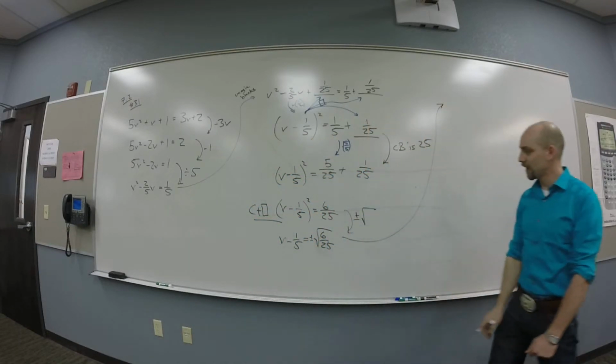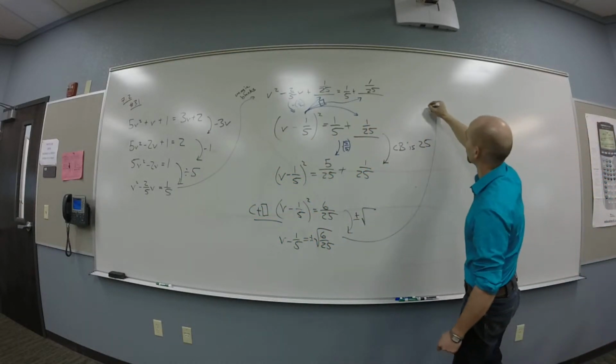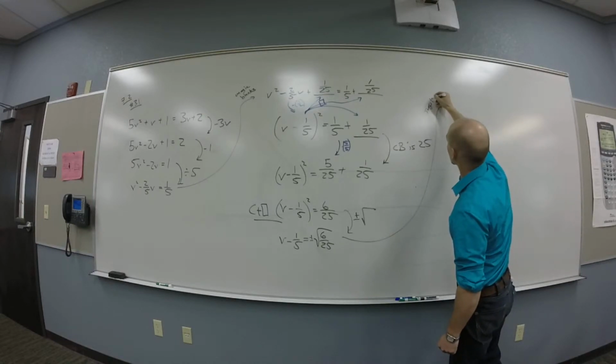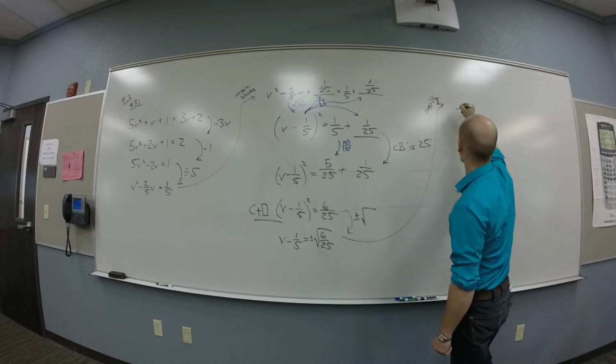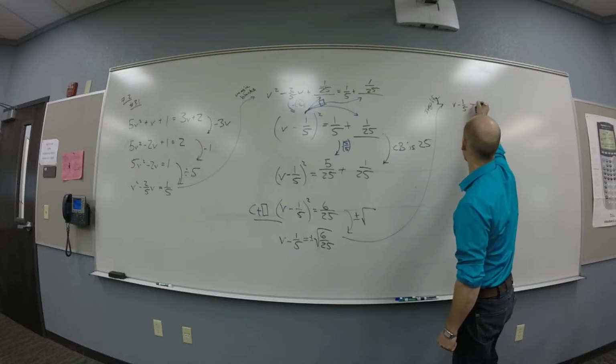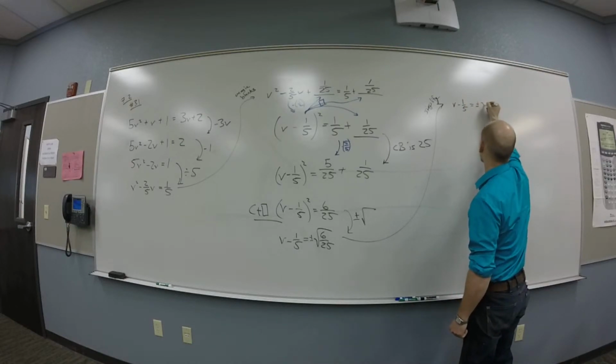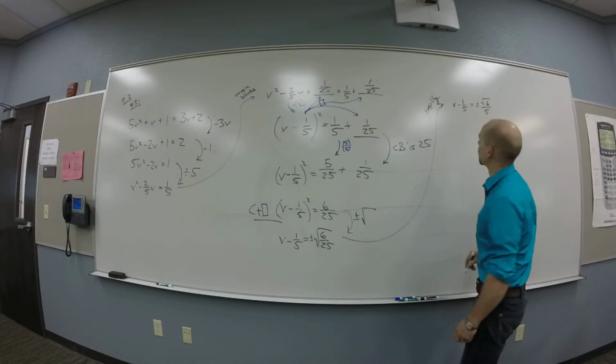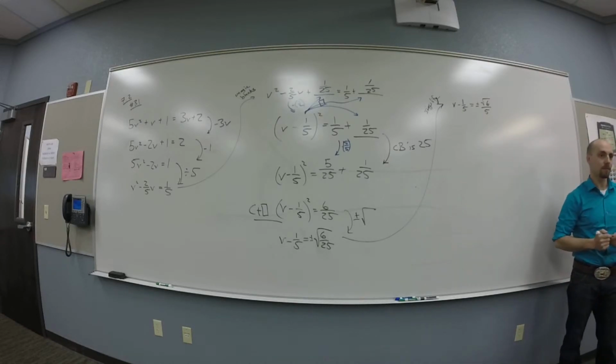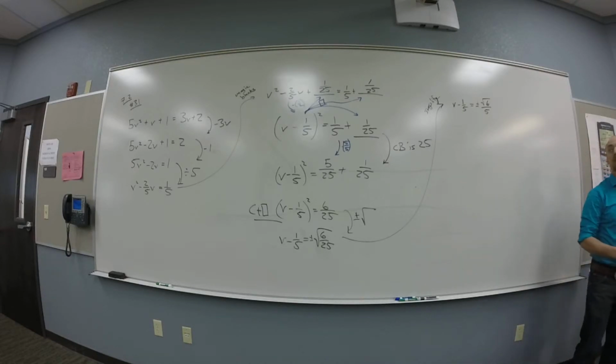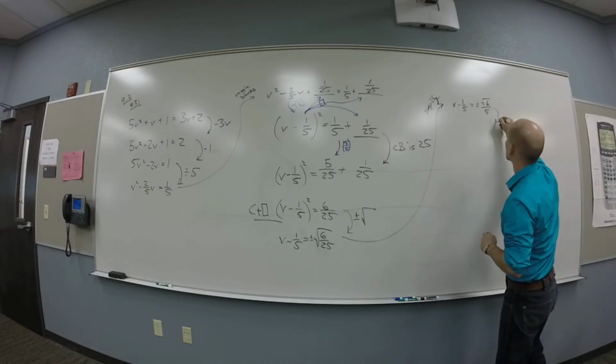Okay, so I take this thing and simplify, right? So if I simplify, I get v minus 1/5 is plus or minus that root 6/5 that you guys all saw. Now what? Okay.